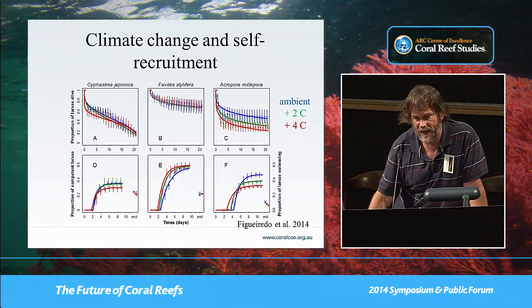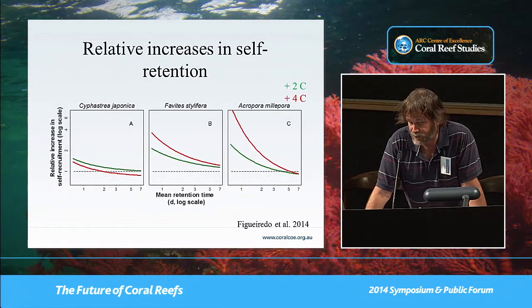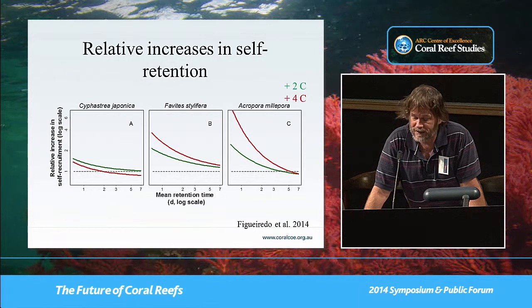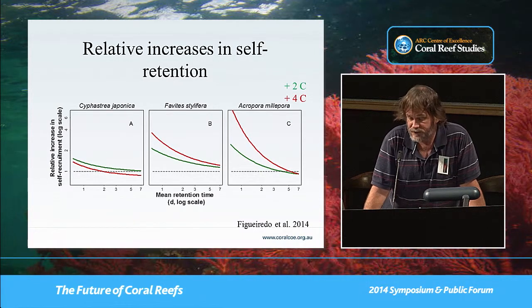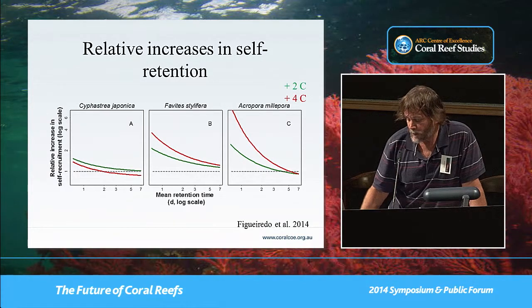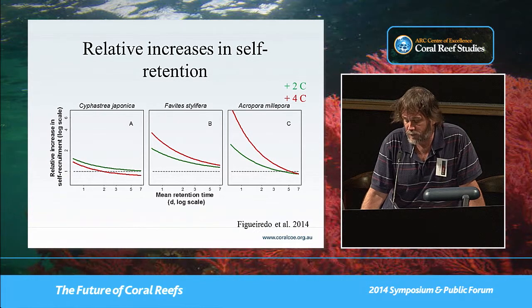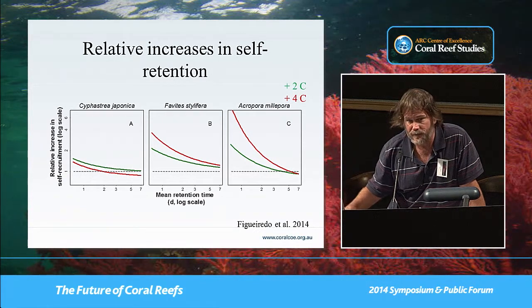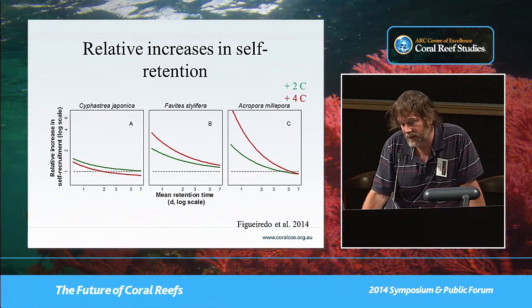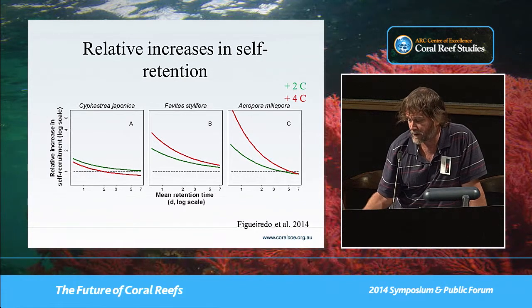So what effect will that have on patterns of retention? What we did to look at that was we used that data on mortality, we used that data on change in competence through time, and we looked at how the relative increase in self-recruitment would change as a function of the average retention time of particles on the reef. And again, it's probably most clearly represented in Acropora millipora, the panel on the right.